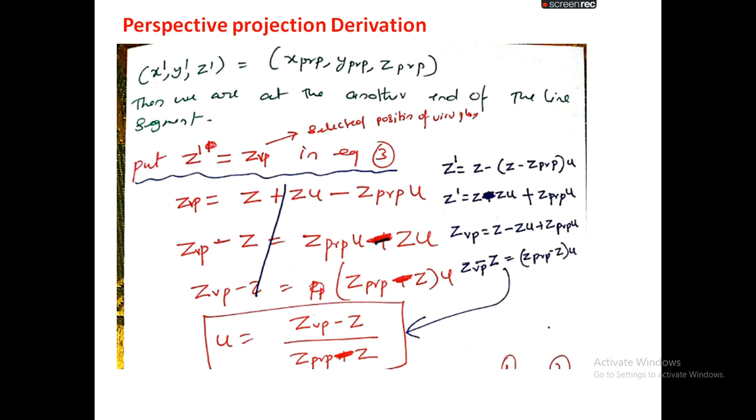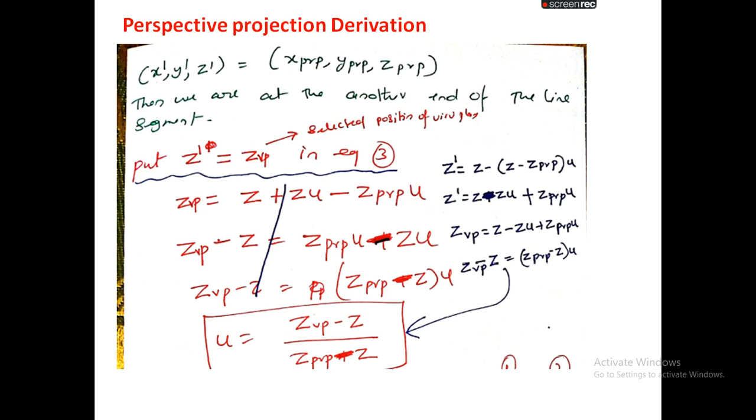And the position we have selected, that intersection point P dash with respect to the z-axis, is nothing but ZVP. Means here ZVP represents the position of the view plane that we selected, and we are viewing in the positive z-axis direction, or we are viewing towards the negative z-axis.